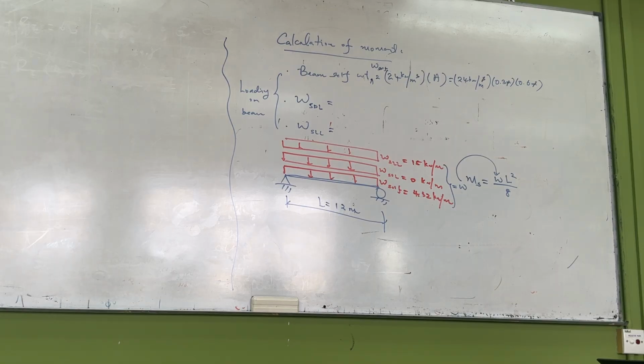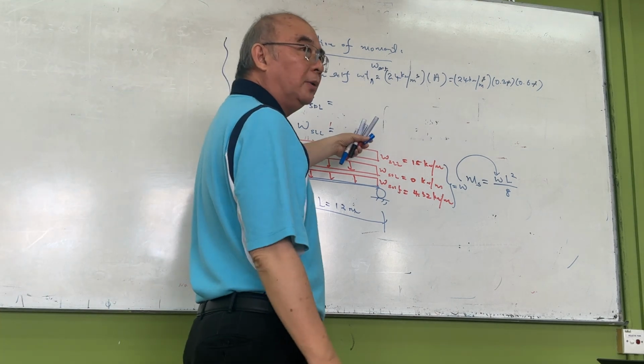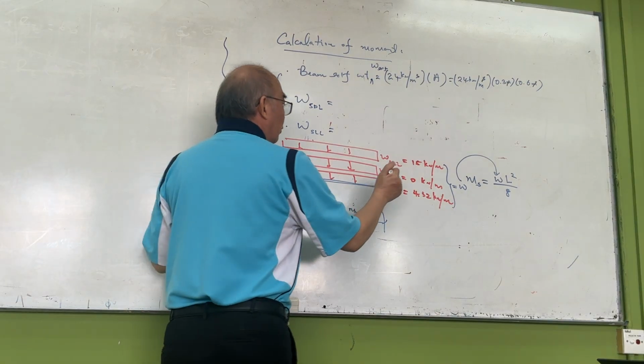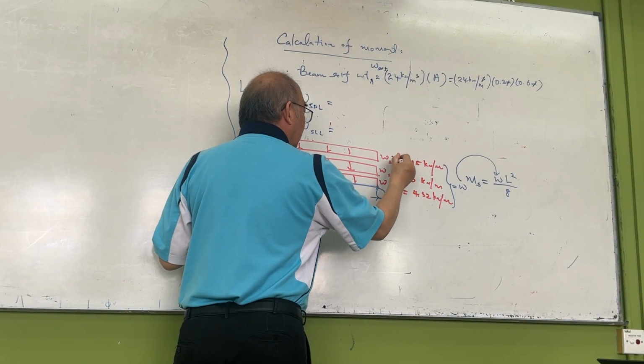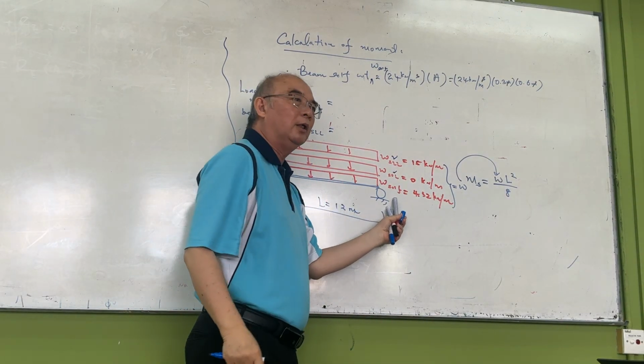You just calculate S1, S2, because in the final exam paper these values will be given to you. And then the calculation of moment. Normally this will be given to you, but this one you need to calculate yourself.